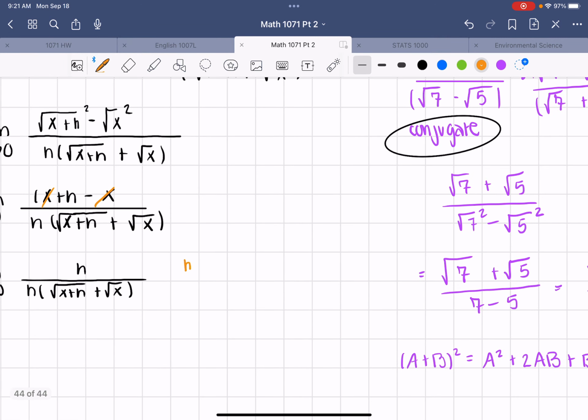If h is a tiny positive number, now it is legal. You don't have 0 over 0. Cancel common factors. And in the numerator, you're left with 1. And in the denominator, you have the sum of the roots.